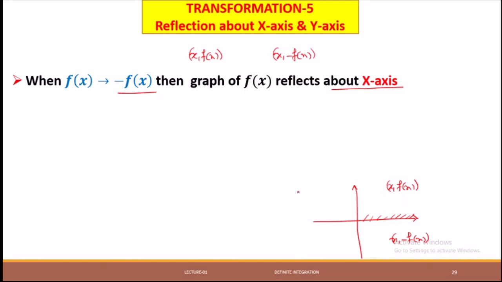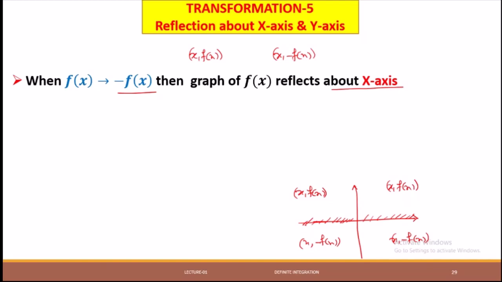Now suppose you have a point x comma f of x in the second quadrant, then x comma minus f of x will be exactly in the third quadrant. It is again a reflection about x-axis. So I hope you understood why the graph reflects about x-axis when you transform f of x to minus f of x.